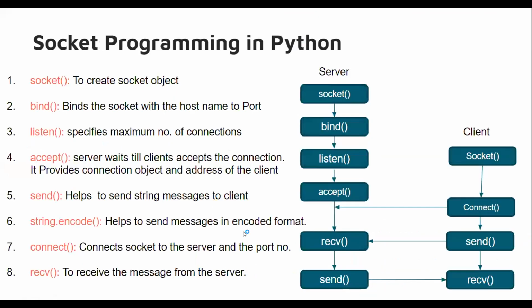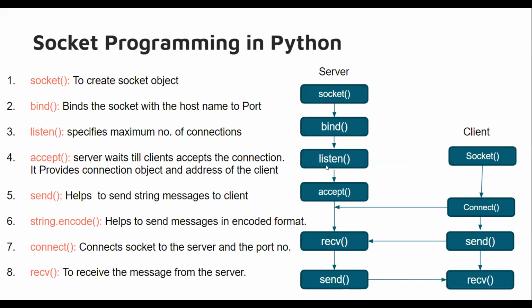If you go for socket programming in Python, the two things you're going to have are a server and a client. Both server and client are going to use the socket function to have the socket object, so that's common to both of them.